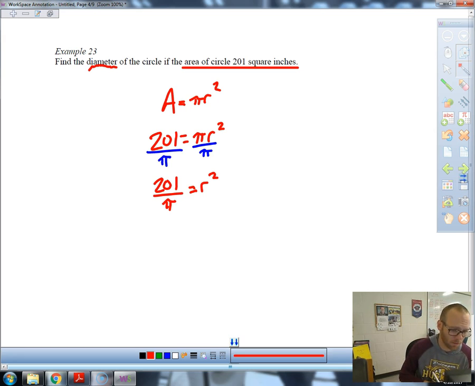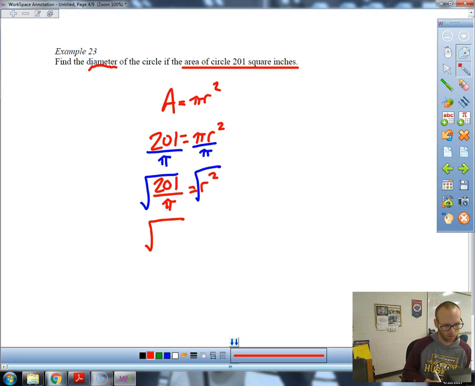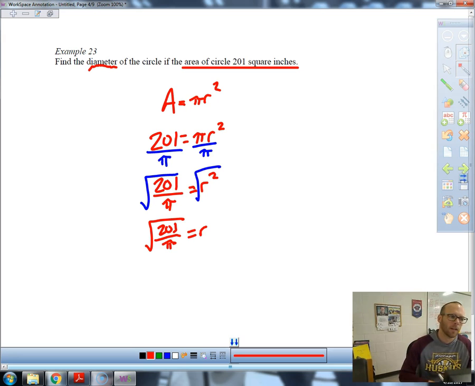Next step in solving for r, I have r squared. I need to remove that squared, so I am going to take the square root of both sides. The square root of 201 over pi is equal to r. That's the exact radius.